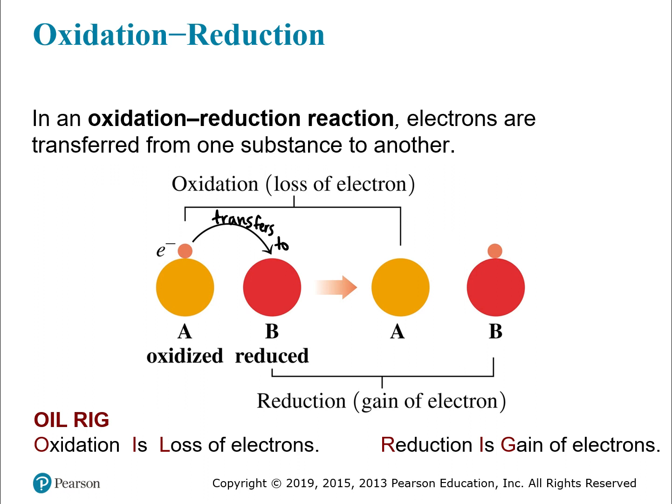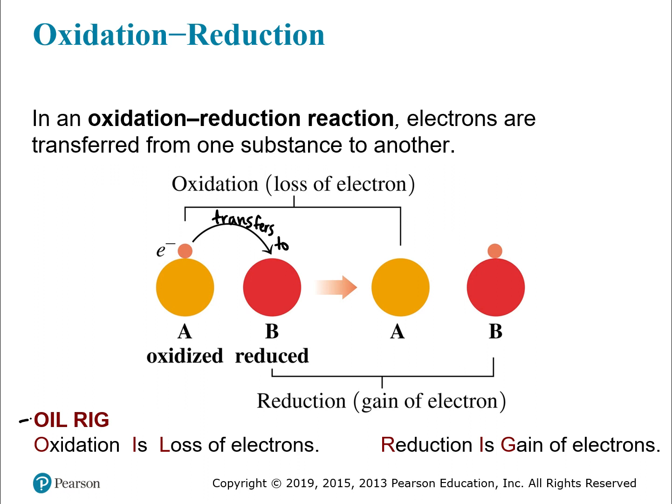So one way that you can remember oxidation versus reduction is using this mnemonic here, OIL RIG. Oxidation is loss of electrons. Reduction is gain of electrons. OIL RIG.